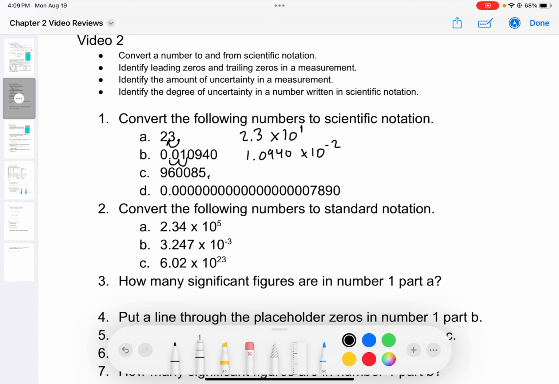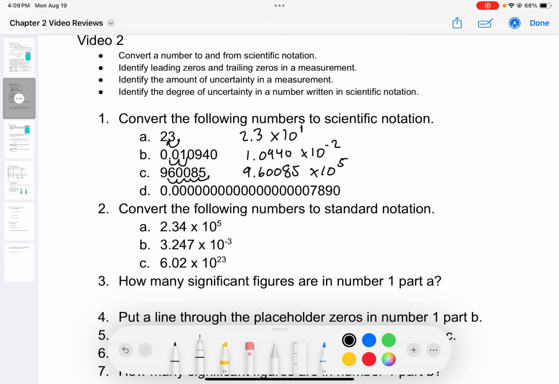For letter C, our decimal point technically is right there. So I need to move this 1, 2, 3, 4, 5 spots to the left. So it's going to be 9.60085 times 10. And because I had to move that decimal point 5 spots, it's going to be times 10 to the 5th power.